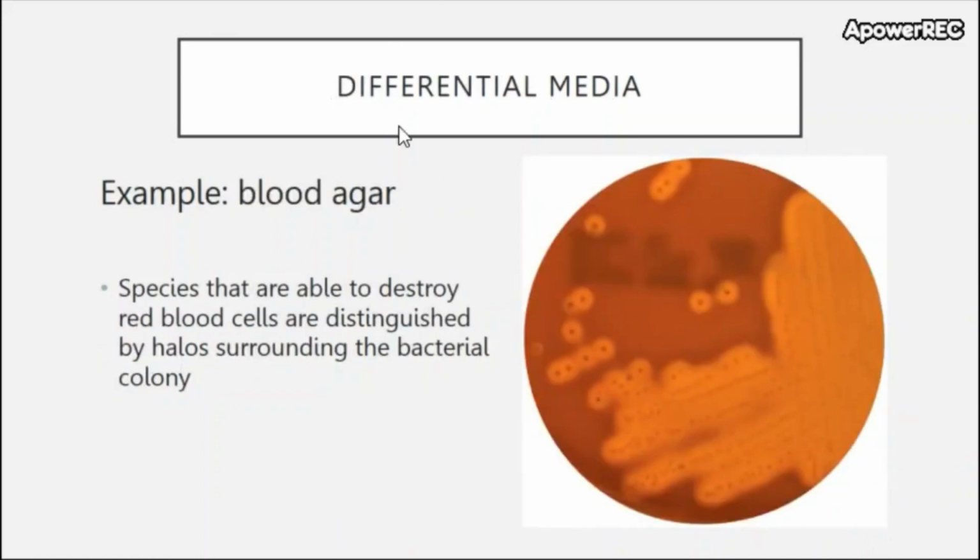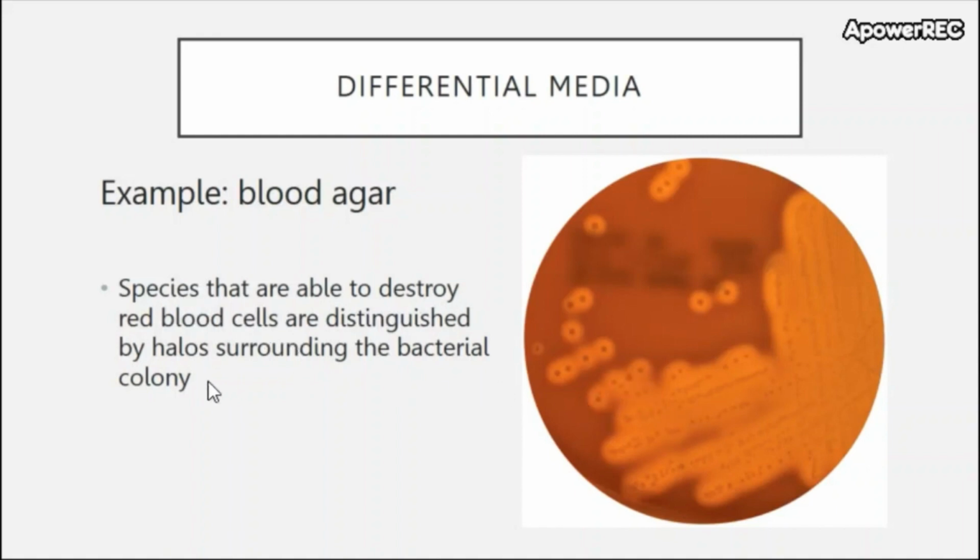This is an example of a differential media. This example is called blood agar. This actually has blood as one of the components, so you can guess that this is a complex media. Species that are able to destroy these red blood cells cause those red blood cells to lyse open, and that changes the color of those red blood cells.